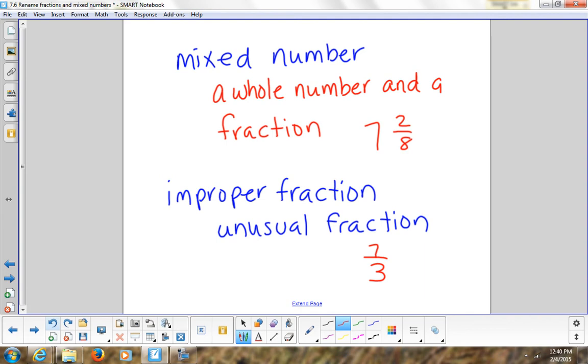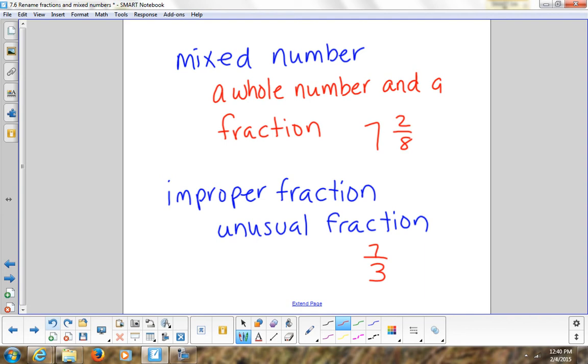Yes. Because we're going to take those mixed numbers now and we're going to make them improper fractions and vice versa. Vice versa means opposite. So I need to be able to take 7 2/8 and make it an improper fraction, or I need to take an improper fraction, 7/3, and make it into a mixed number.